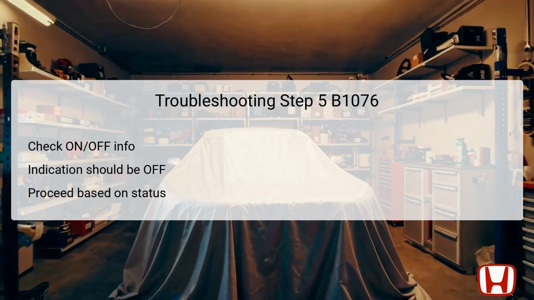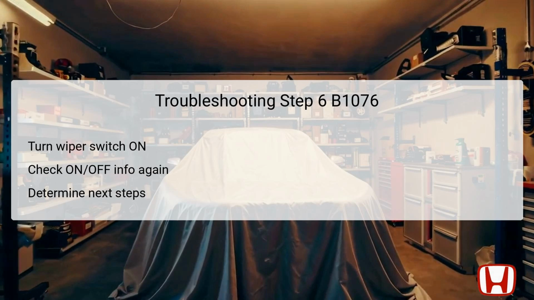operation of the wipers. After confirming that the indicator was off, you should now turn the wiper switch on, either in the low or high position. This switch operation should register a change in the on-off information within the data list. After turning the wipers on, check the on-off information of the windshield wiper switch backup once more.